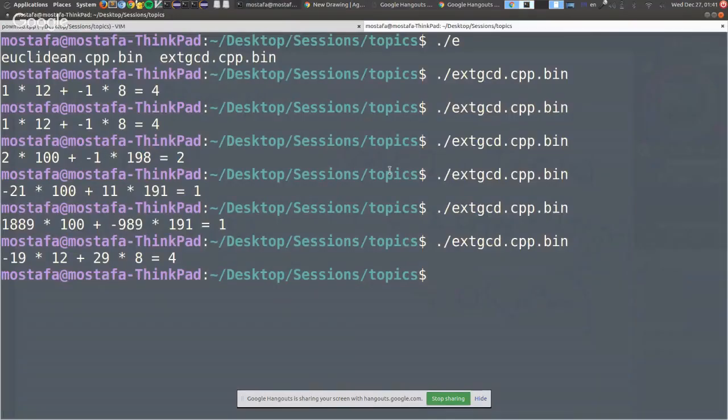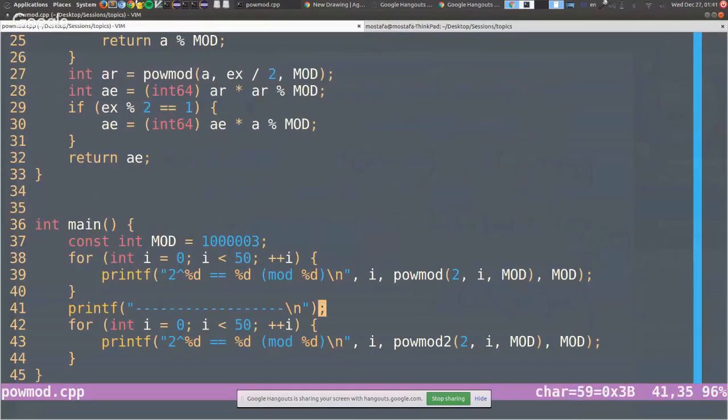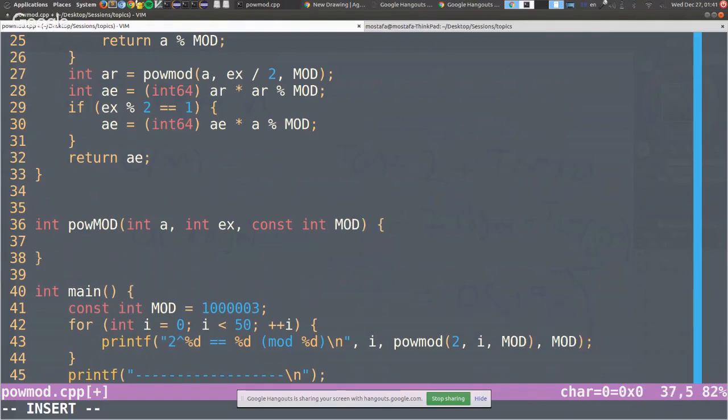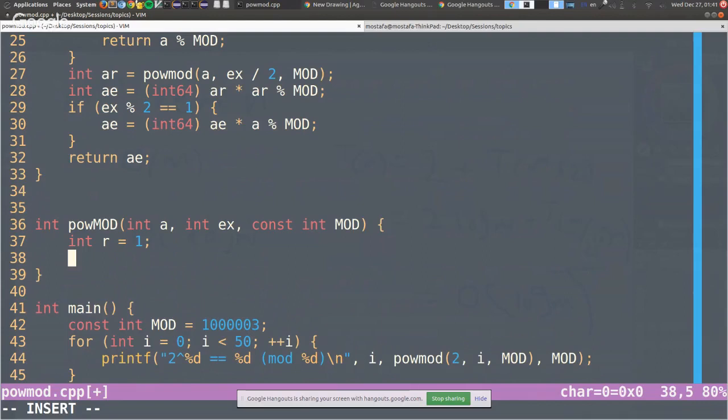The way I personally write it is in an iterative way. I begin with the result equal to 1, so this is a to the power 0.